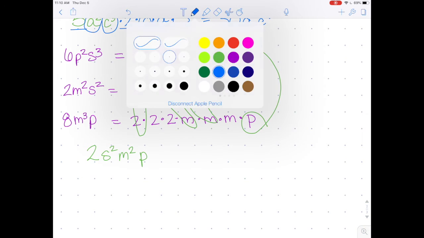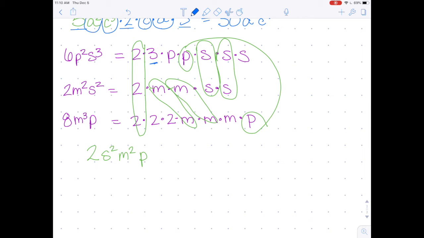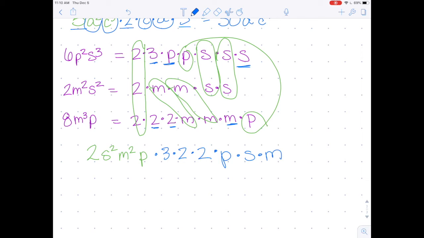Now we need the leftovers. We've got 3, 2, and 2. So times 3 times 2 times 2. We've got an extra P, an extra S, and an extra M. Okay, so now we combine like terms. 2 times 3 is 6, times 2 is 12, times 2 is 24.